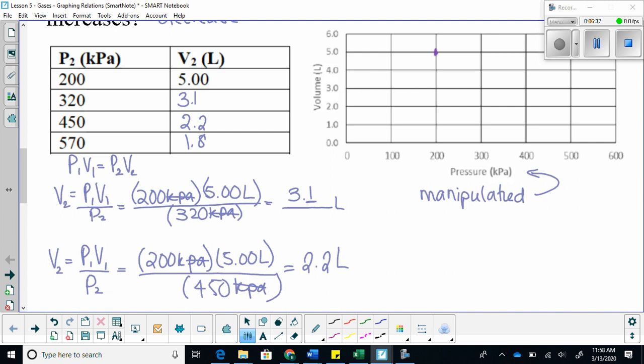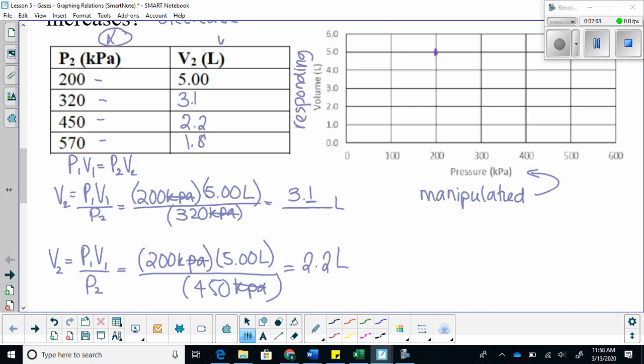The reason why pressure is our manipulated variable is because it is the values that we physically changed. Okay. Also, this represents the x column. So the values that we are physically changing will always be in the first column of the table, in the x column of the table. On the y-axis, what type of variable do I have? Manipulated, responding. Okay, responding.